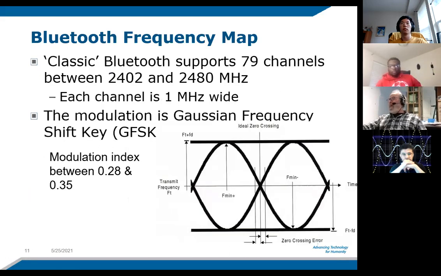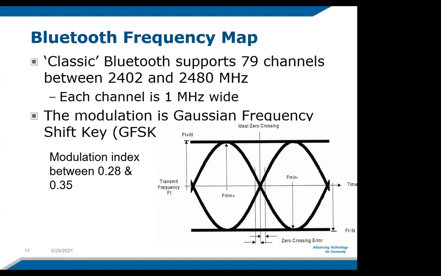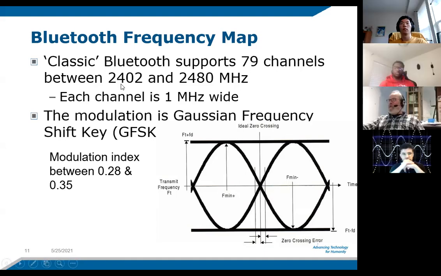So classic Bluetooth, Bluetooth 1 and Bluetooth 2, support 79 channels between 2402 megahertz and 2480 megahertz, 79 different channels, right?